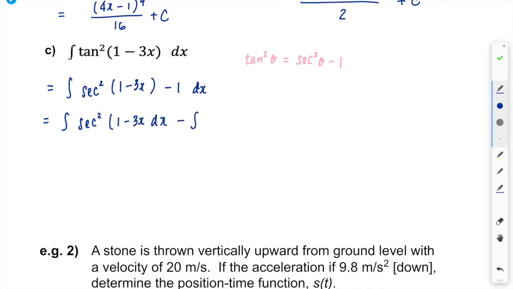I also know how to integrate the negative integral of 1 dx. The first part is tangent (1 minus 3x) over negative 3, or I can say this is negative 1 over 3 tan(1 minus 3x). The integral of negative 1 is negative x plus c.